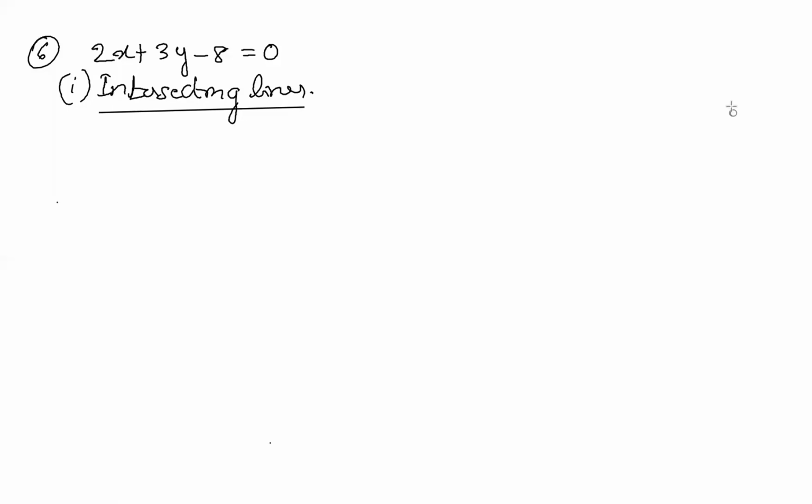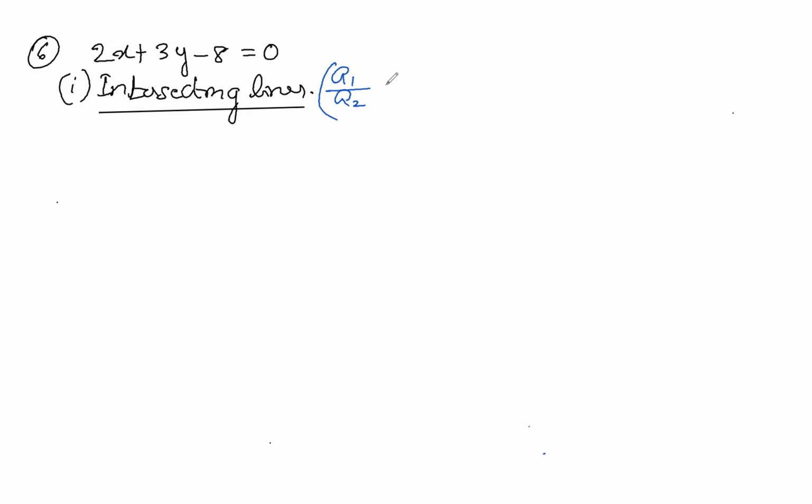Okay, so number one, we have intersecting lines. Intersecting lines means, you know the condition. What is the condition for intersecting lines? Gogol Srinivasan, what is the condition for intersecting lines?